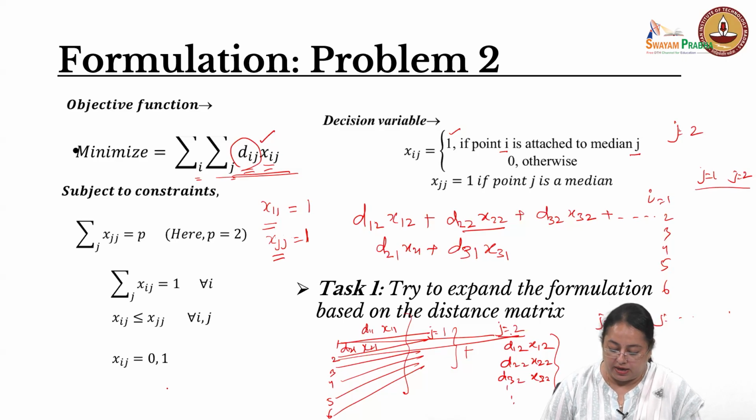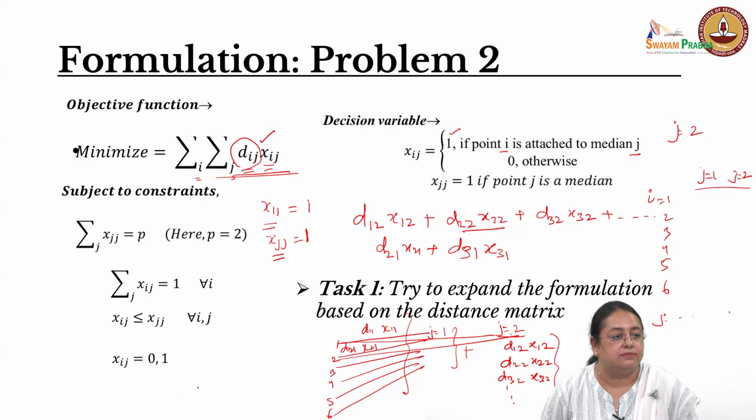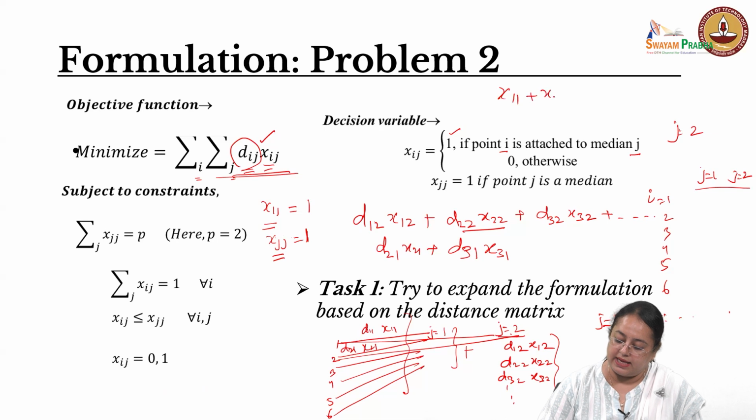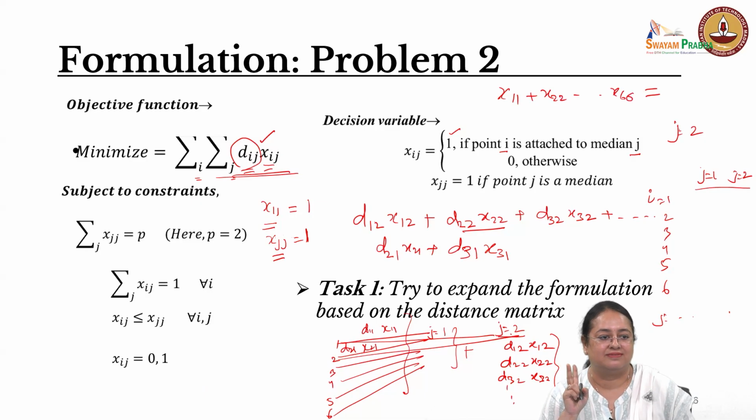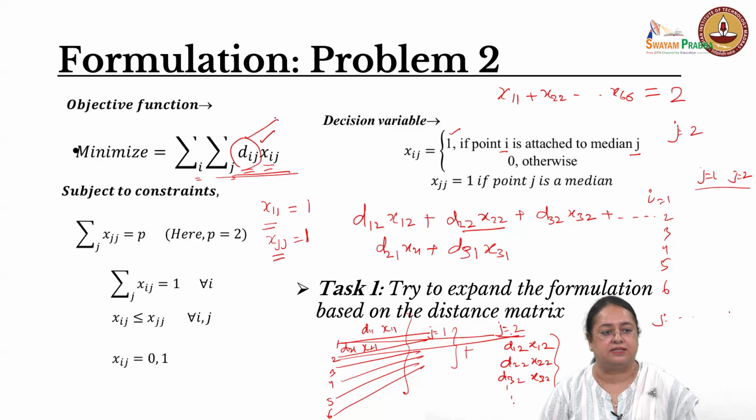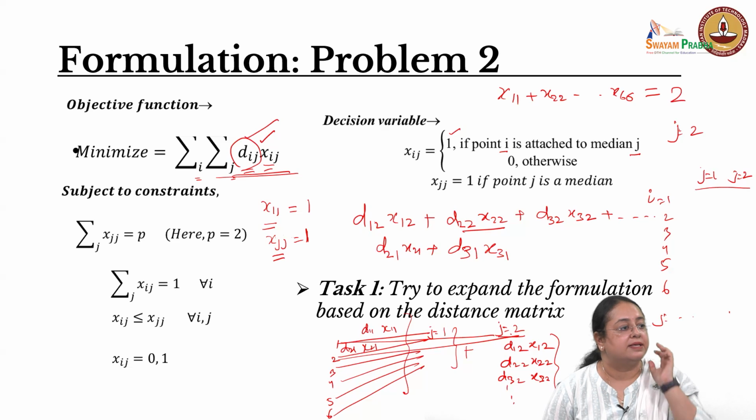Now, if we want to tell the model that it should select only 2 facilities, what do we tell it? x11 plus x22 up to x66 has to be equal to 2. We want only 2 facilities, but which facilities should we have? Those which minimize this distance.